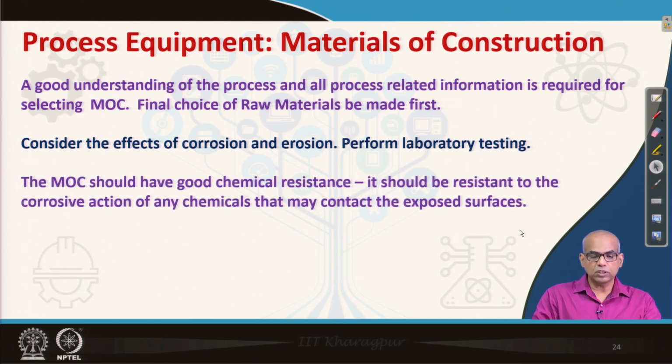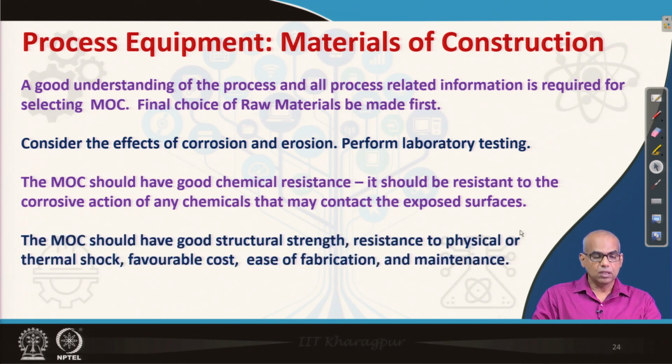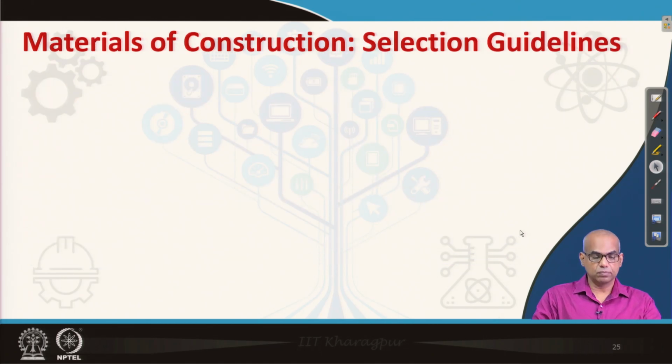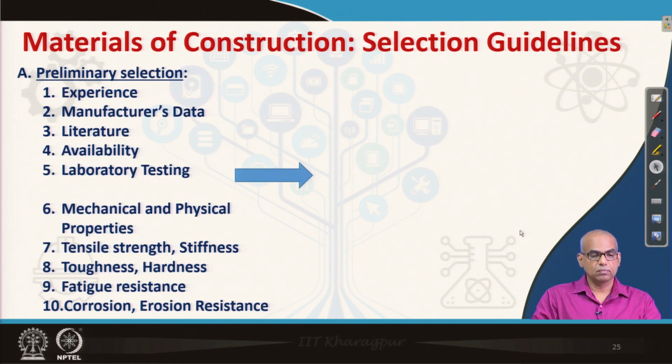The materials of construction should have good chemical resistance. It should be resistant to the corrosive action of any chemicals that may contact the exposed surfaces. The materials of construction should have good structural strength, resistance to physical or thermal shock, favorable cost, ease of fabrication and maintenance.